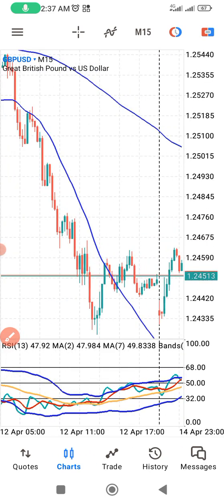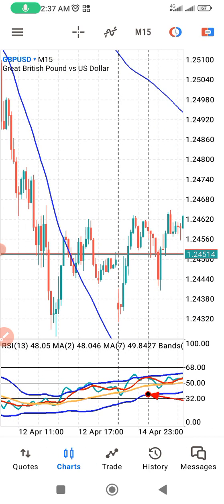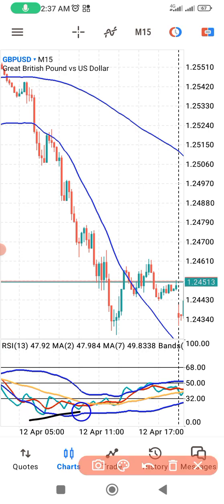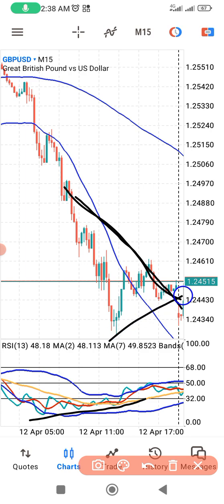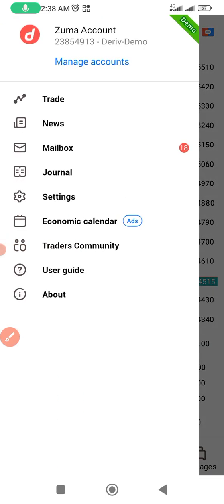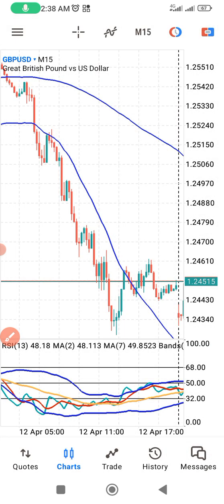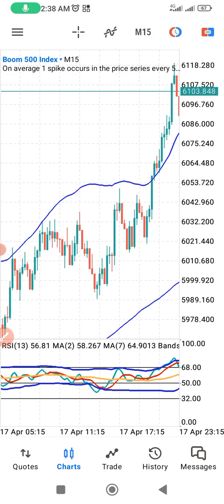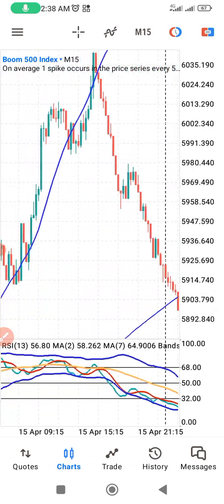Okay, then number 3, what you must avoid. When you notice a divergence, always wait for a break of trend line. Do not enter a trade immediately you spot a divergence. Always wait for a break of the trend line or a break of structure, as the case may be.